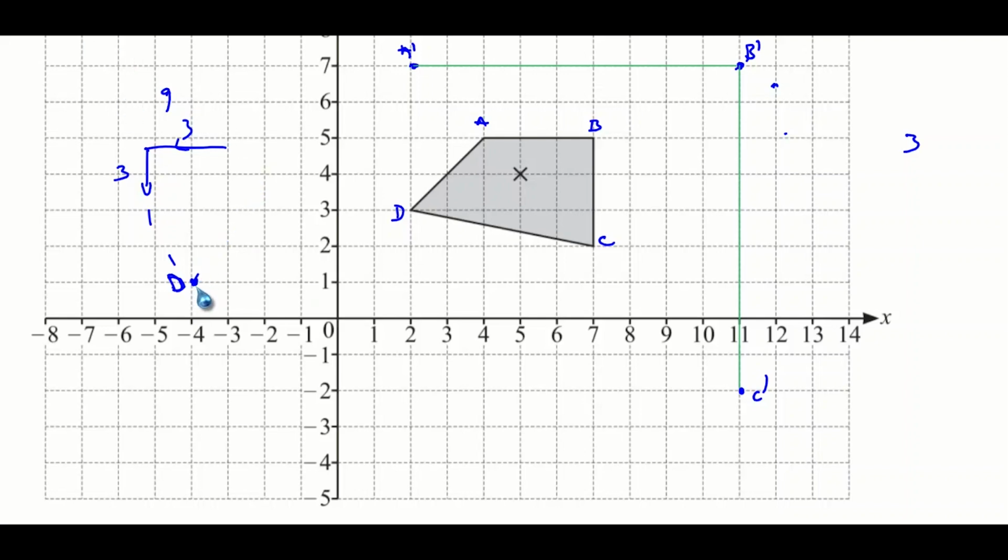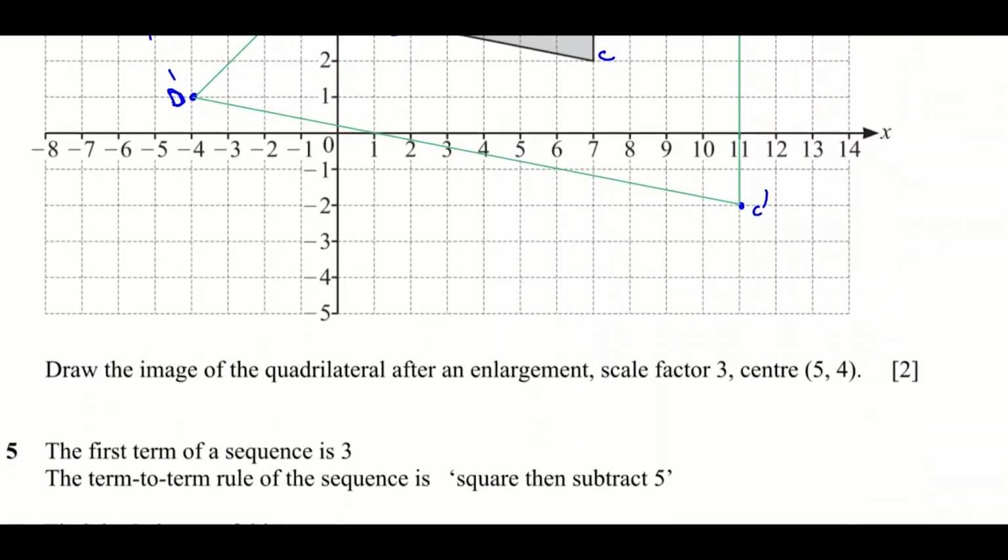So we can join D prime to that point over there, to A prime. And finally, you can join D prime and C prime together. So this is what we have. So this is the enlargement of the object. So it's super easy. So let's go to the next question.